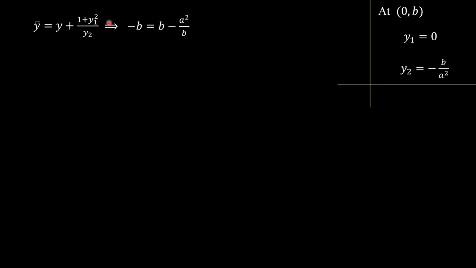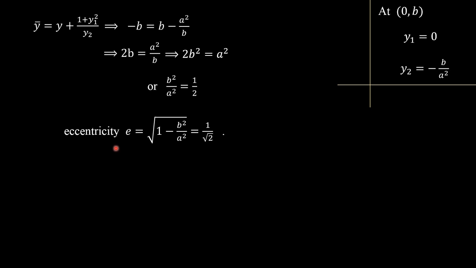The value of y1 at the point (0, b) is 0 and that of y2 at the point (0, b) is -b/a². So 1 by -b/a² is nothing but -a²/b. Okay. Just simplify this expression, students, so that you are going to get b²/a² equal to 1/2.